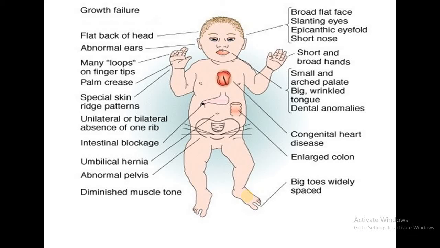So the features of Down syndrome are, you can see the growth failure, the flat back of the head, abnormal ears, many loops on the fingertips, the palm crease, then special skin ridge pattern, the unilateral or bilateral absence of one rib, then intestinal blockage, then umbilical hernia, then abnormal pelvis, diminished muscle tone, broad flat face, slanting eyes, epicanthal eye fold, short nose, short and broad hands, small and arched palate, wrinkled tongue, dental anomalies, congenital heart disease, enlarged colon, big toes widely spaced.